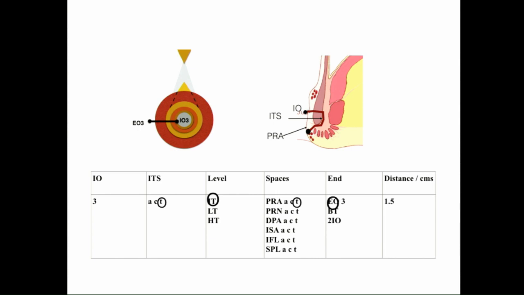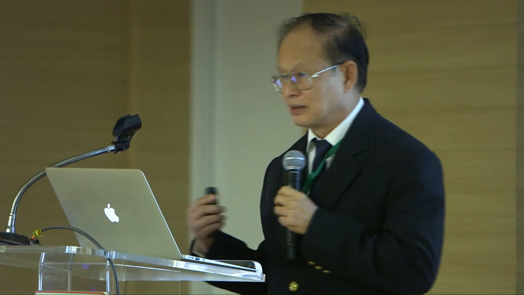Perianal space here is a track at 3 o'clock and 1.5. So if you have this proforma, you just tick, tick, tick, and this is the data record. This one is IT, intersphincteric, pass between internal and external.